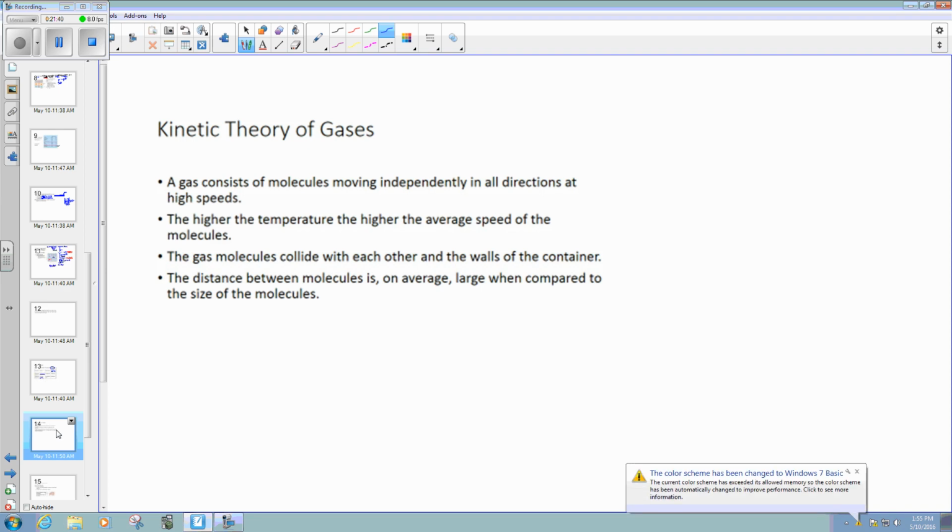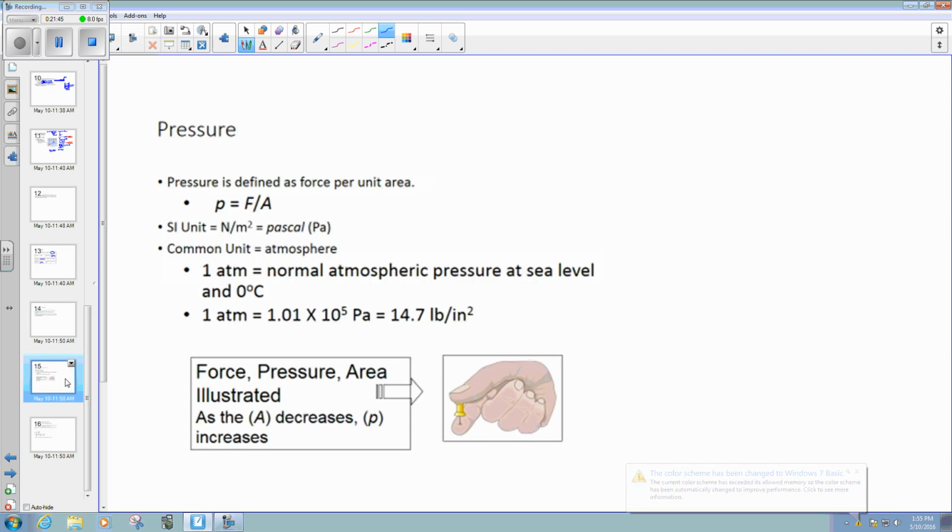And this will start by defining what pressure is. Pressure is force per unit area. It's measured in units called Newton per meter squared or pascals. Now, it's also measured in other units like atmospheres or inches of mercury, but we are going to stick mostly to the unit of Pascal because that is a scientific unit. So pressure is force over area.